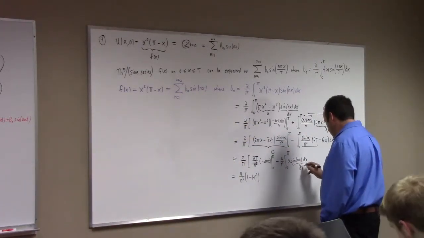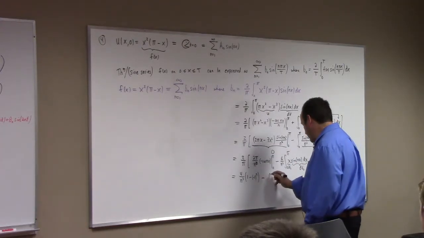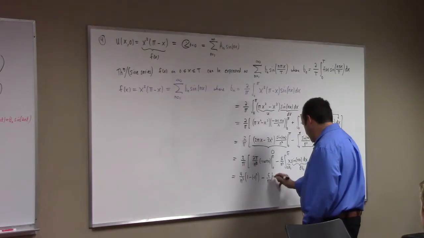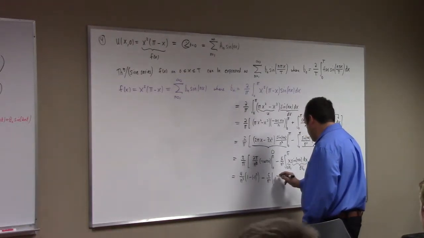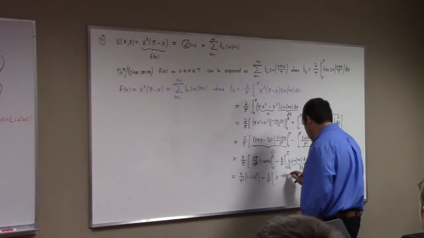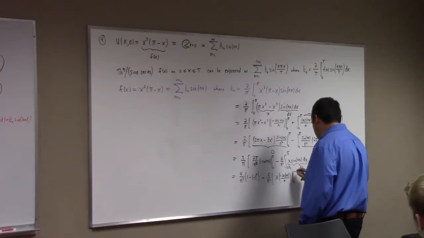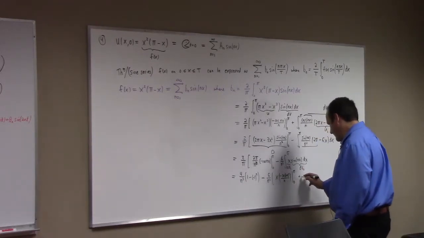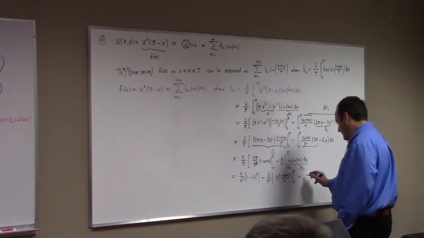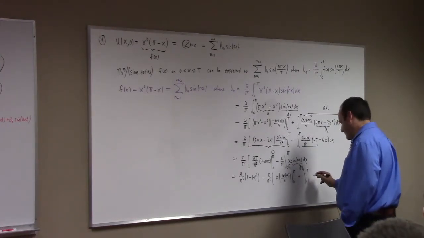So let's call that dv3, and I'll call that u3. So I get minus 6 over n squared times x times minus cosine of nx over n, evaluated from 0 to pi, plus the integral from 0 to pi of cosine nx over n dx.